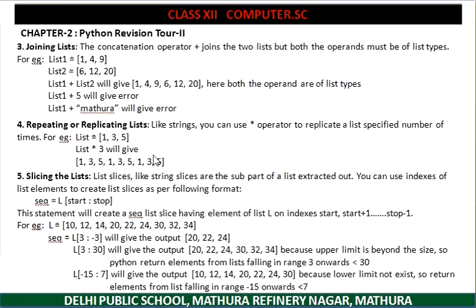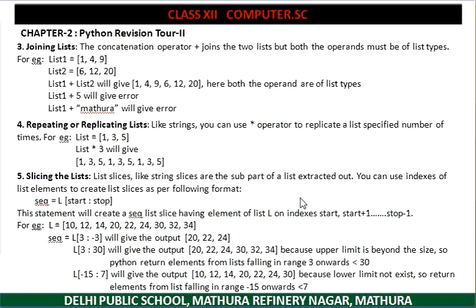Now slicing the list. Slicing the list means extracting a sub part of a list with the help of indices. This is the syntax: sequence is equal to L bracket start colon stop. This statement will create a list slice having the elements of list L from index start up to stop minus 1.